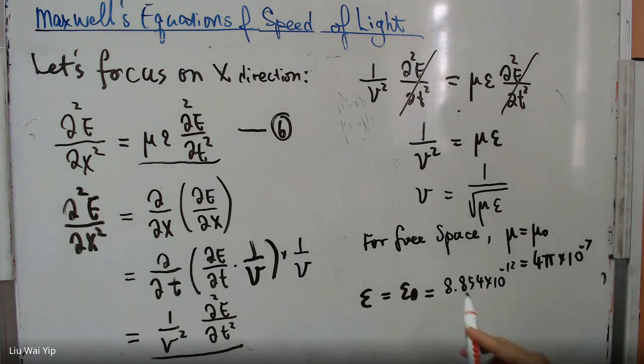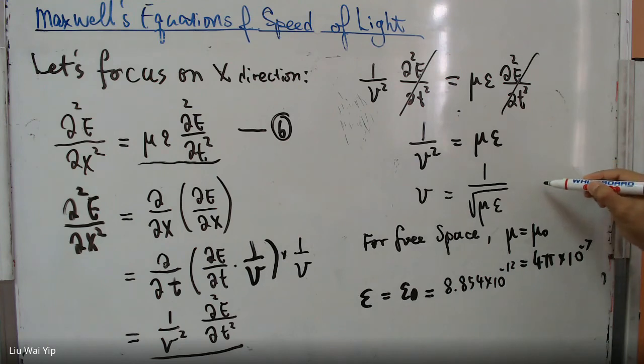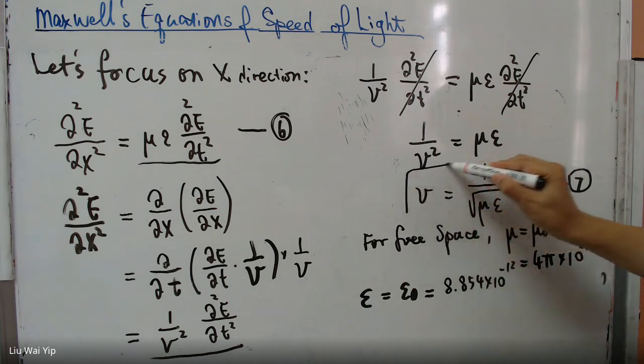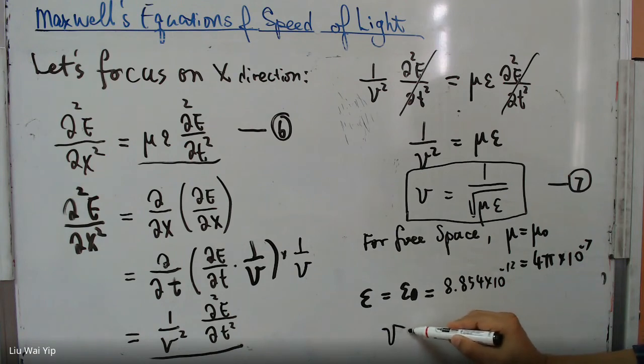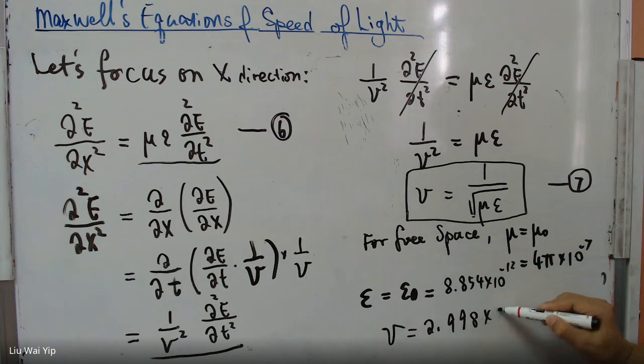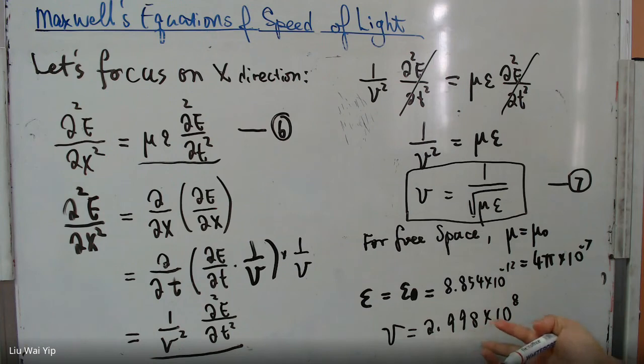So together, if we substitute mu naught and epsilon naught back to this equation, say equation 7, we will get v is equal to 2.998 times 10 to the power 8, which is almost the same as the speed of light.